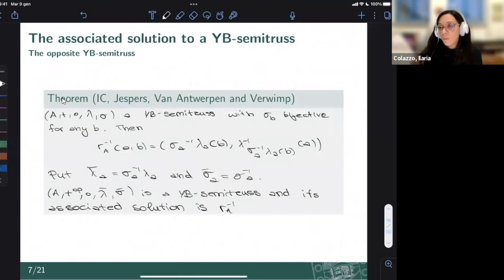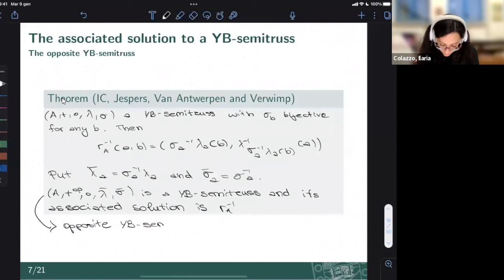In analogy with what happens for skew braces, we call this the opposite YB-semitruss. Let me just tell you that in the case in which the YB-semitruss is a skew brace, this is exactly the opposite skew brace.